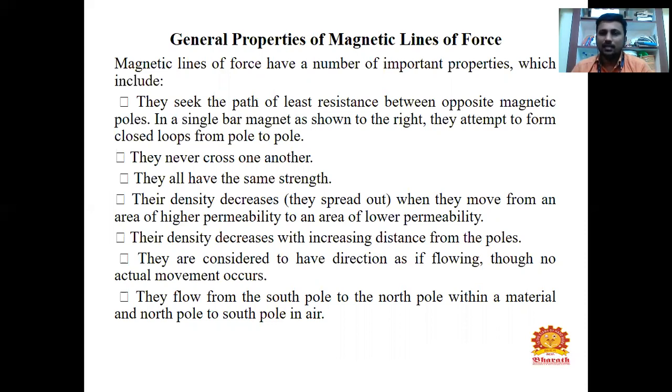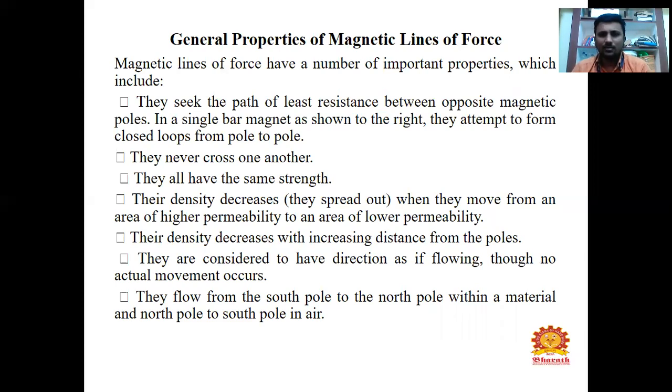They attempt to form closed loops from pole to pole. The second major property is that they never cross one another. This is one of the major properties.